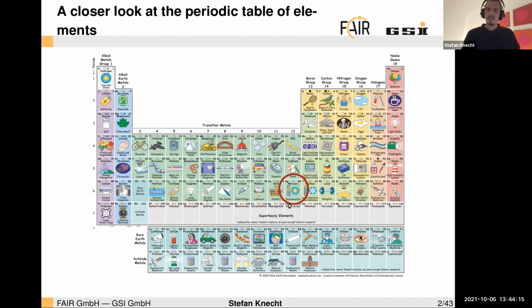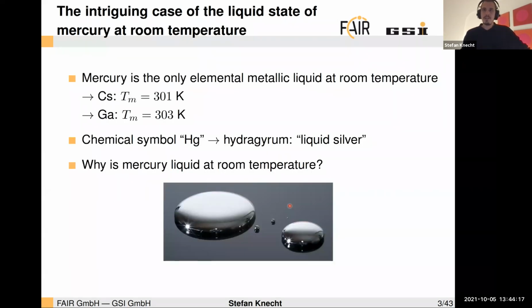That is a puzzle that has been solved only recently by the group of Peter Schwerdtfeger in New Zealand and his co-workers. Mercury is actually the only elemental metal that is liquid at room temperature.